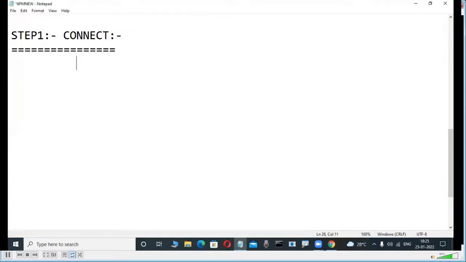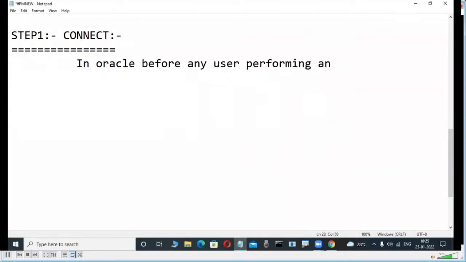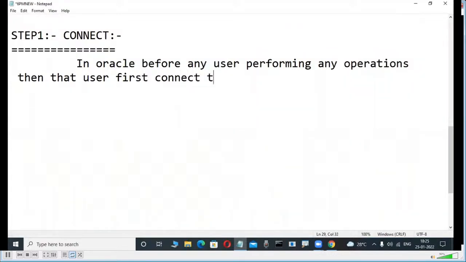Connect, side heading, connect. In Oracle, before any user performs any operations, that user first connects to the database.